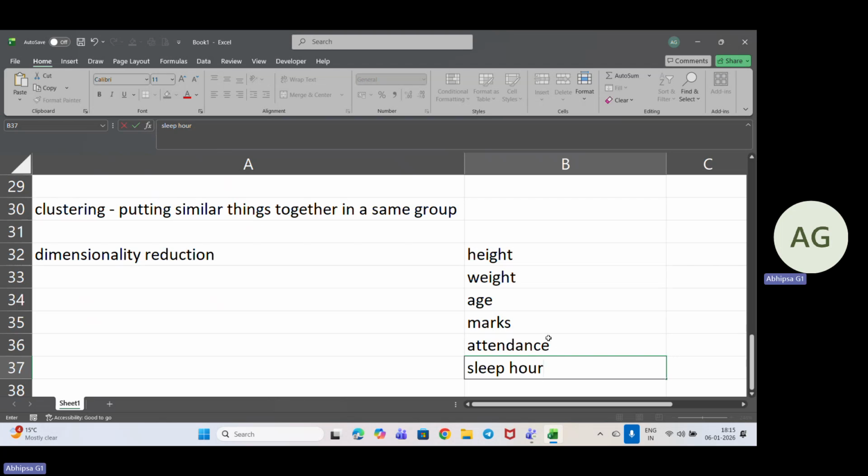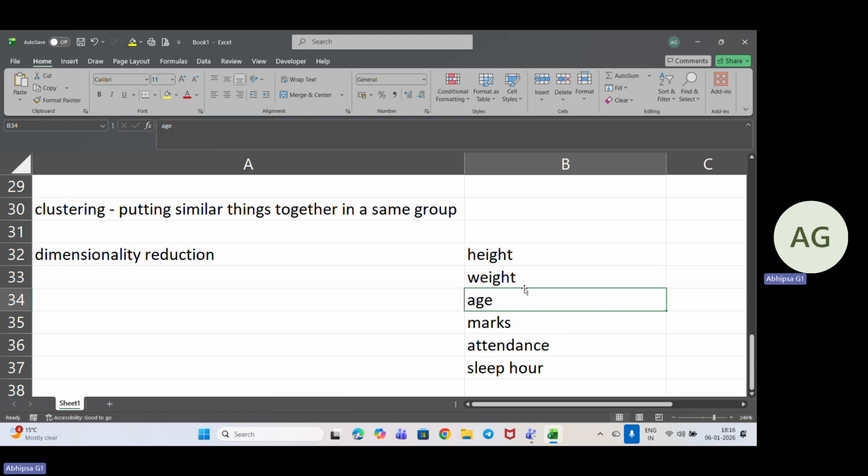So too many things actually confuse my model. What we want to do is keep only the most important information based on my problem statement. Suppose my problem statement is related to marks. In that case, I'll avoid height, weight and age, because they are of no importance.